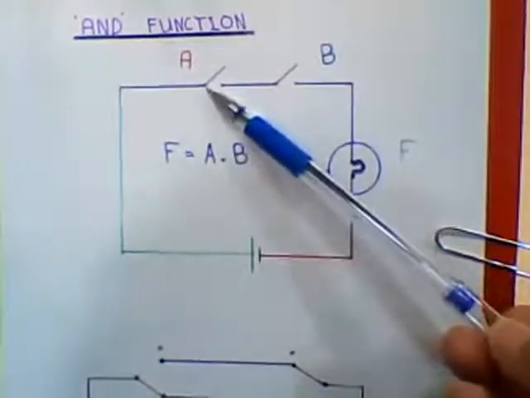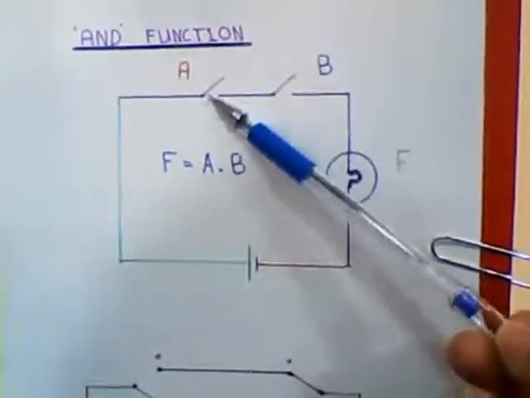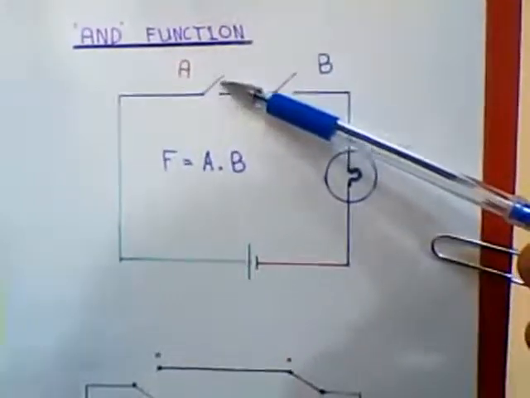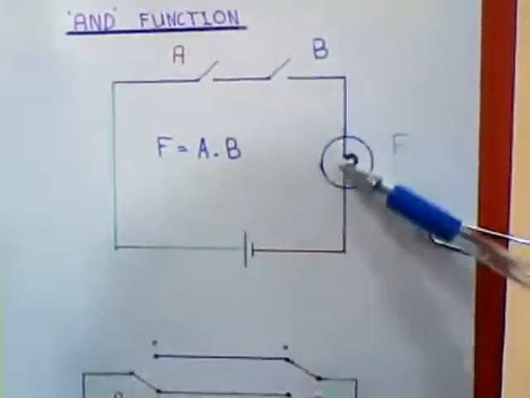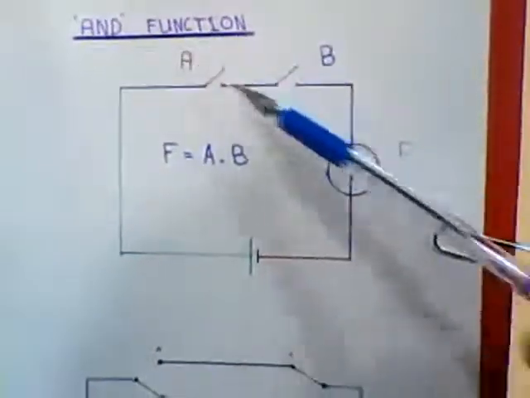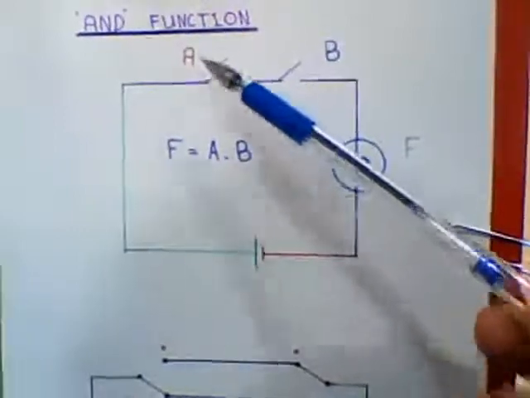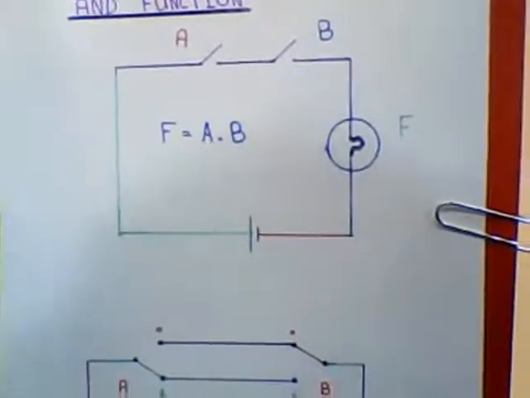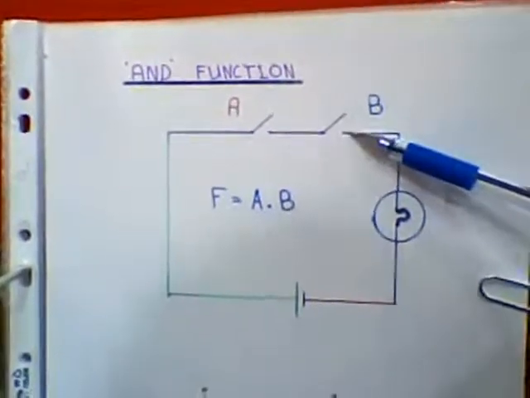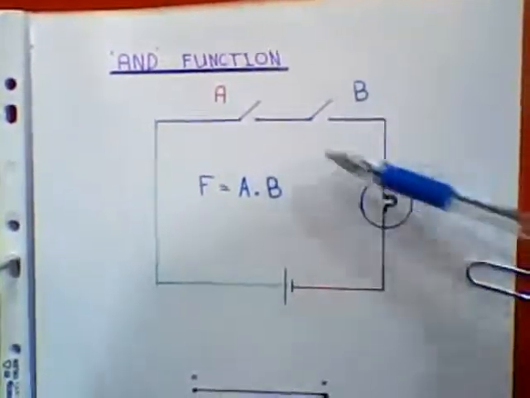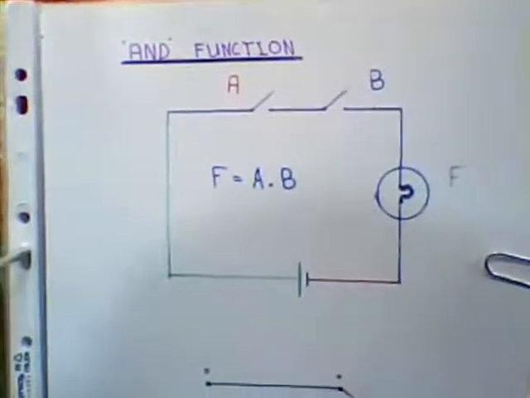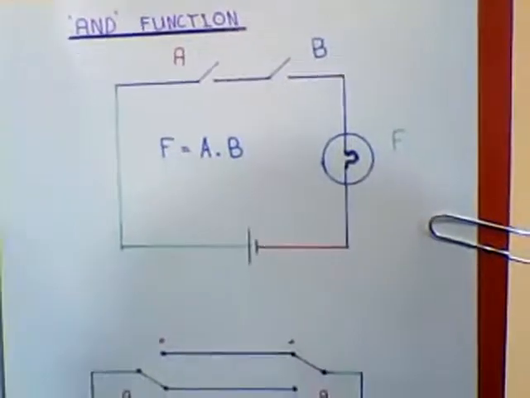Supply A to switch A, switch B. Now if I close switch A, the lamp will not light. No matter what you may do, that lamp will not light while switch A is closed. Okay? Now if I close switch B, the lamp will light because A and B are closed. It has completed the circuit.